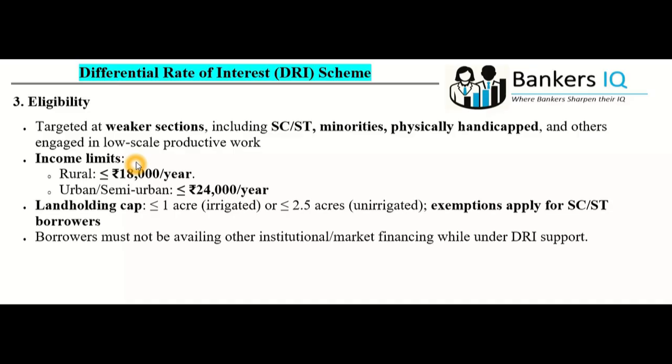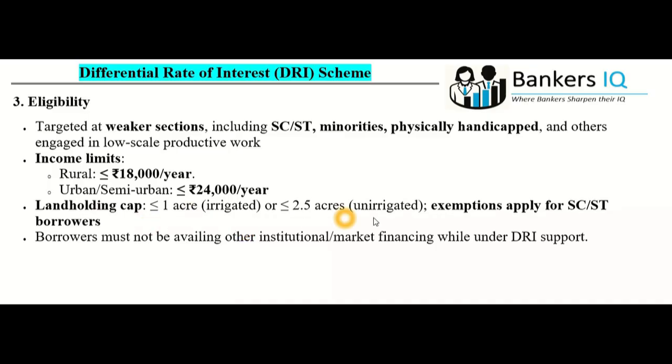Coming to income limits, in rural areas, the person whose annual income is less than or equal to 18,000, and in urban, semi-urban areas, the persons whose annual income is less than or equal to 24,000, are eligible to avail loan under this DRI scheme. Coming to land holding cap, if the land is irrigated, it should be less than or equal to 1 acre.